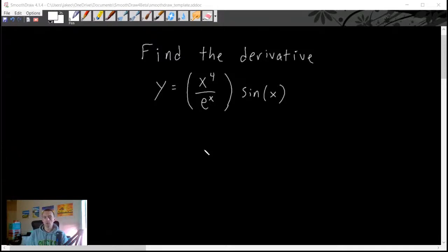So really, before we jump into these examples, I think this is going to be pretty common for other product and quotient rule examples, functions where you have to use both in one.